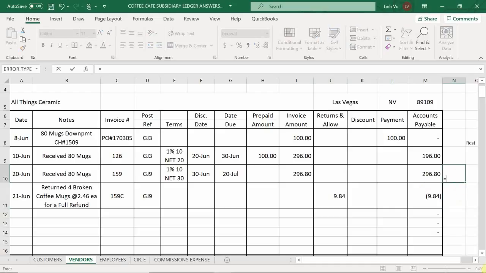I actually owe this minus the $9.84, which tells me that I now owe, for invoice number 159, a grand total of $286.96.